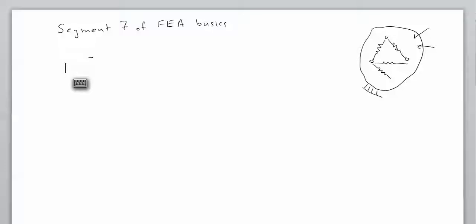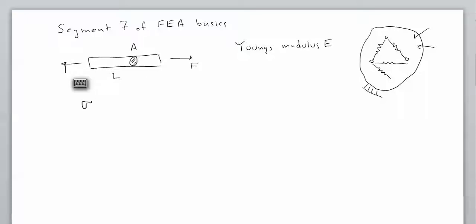So let us take a bar which is axially loaded. It has a length L, it has a cross section A, and it's made of material with a Young's modulus E. If I ask you what is the stress in this bar, you're going to say sigma equal to F over A, force over area.